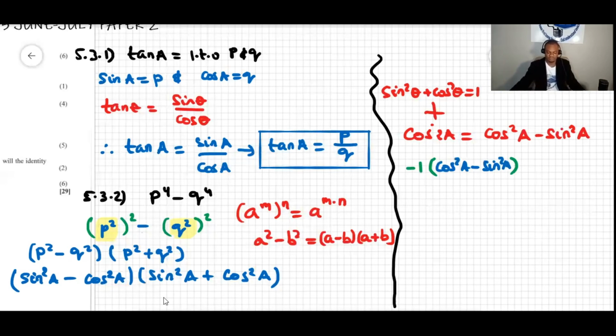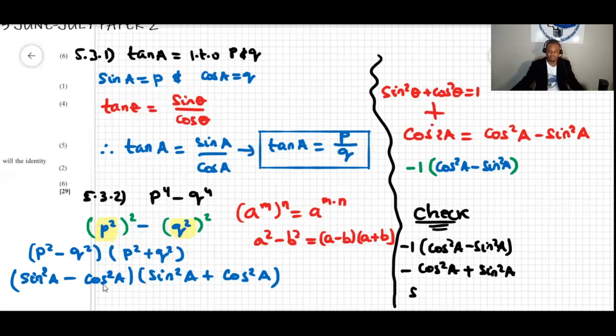Just checking this out. If you multiply the -1 into the brackets, cos squared A minus sine squared A, you will retrieve sine squared A minus cos squared A. Multiplying by -1 makes negative cos squared A and positive sine squared A, so you can write the positive in front, that makes sine squared A minus cos squared A. So it's correct to place the -1 in front of this bracket and then swap the difference.